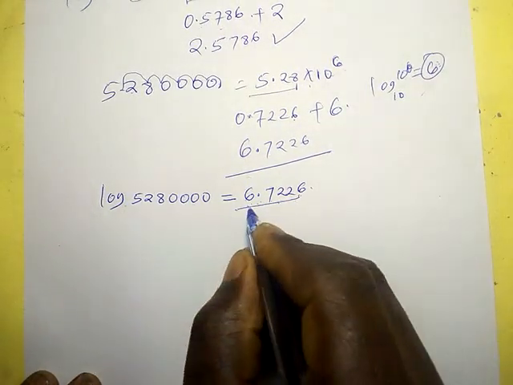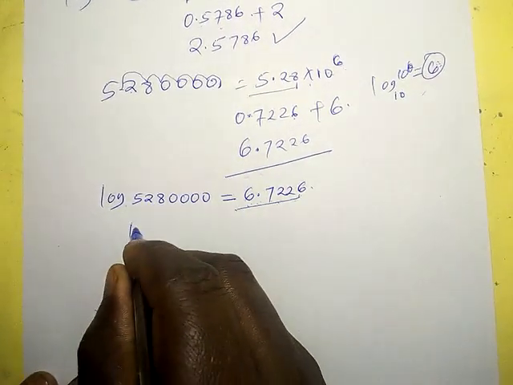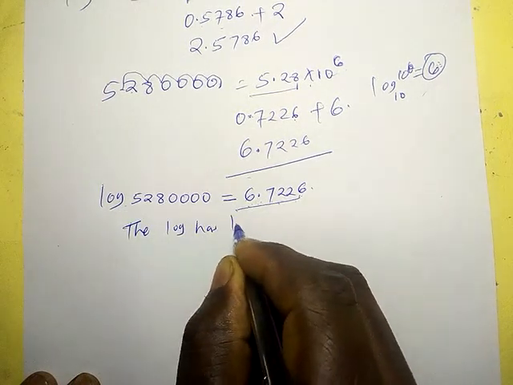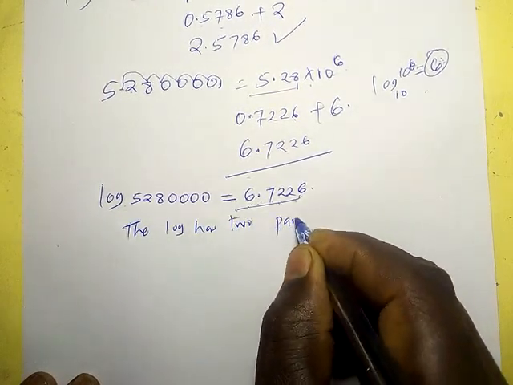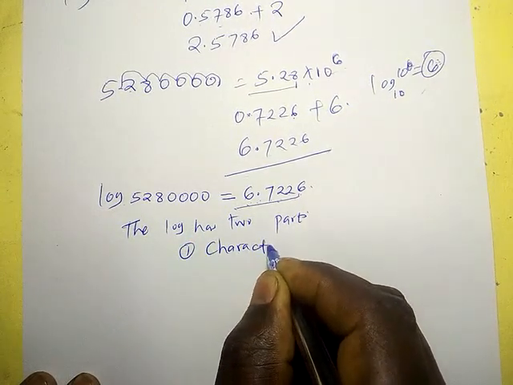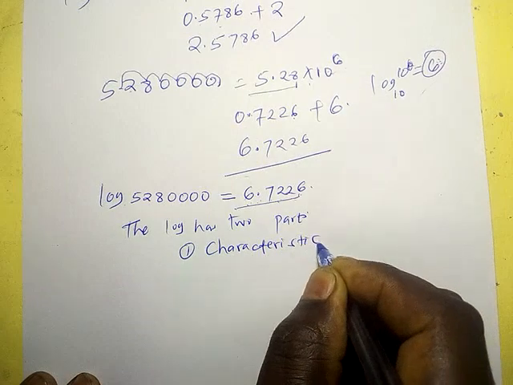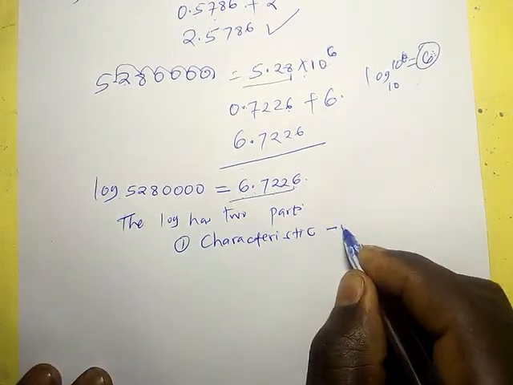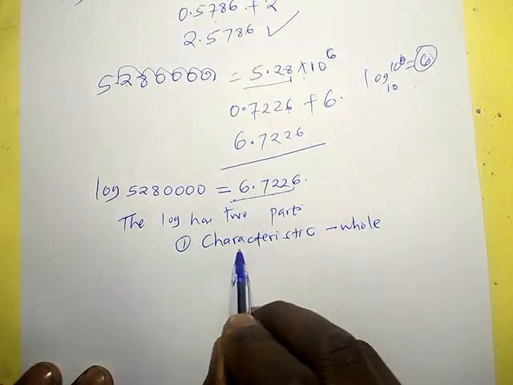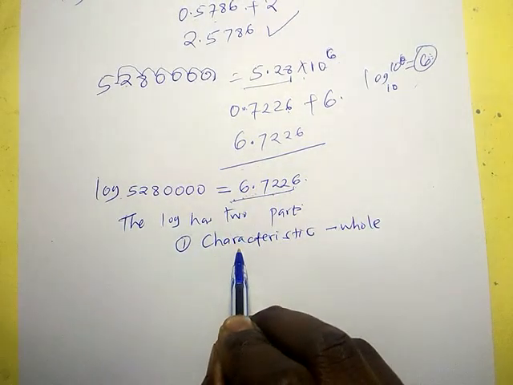So the log has two parts. Number one is called the characteristic. Characteristic is the whole number. The whole number here is 6, therefore 6 is a characteristic, right?